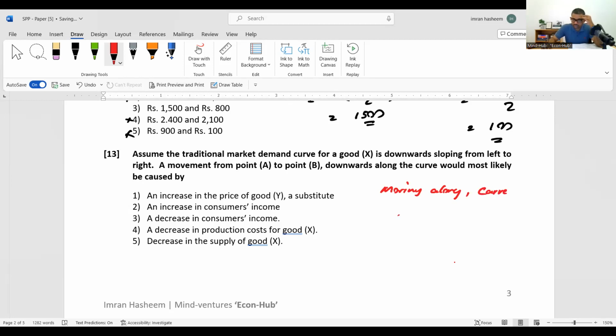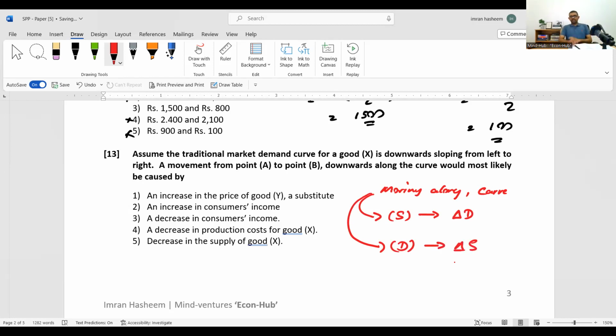If we are moving along the supply curve, what is changing is demand. If we are moving along the demand curve, that means what is changing is supply.